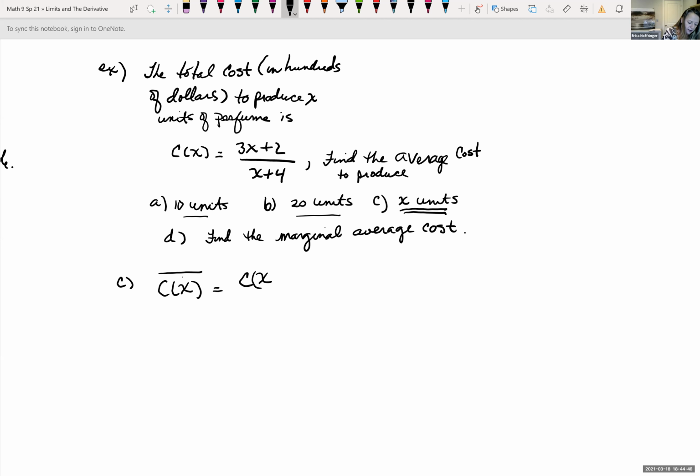In our case, our cost function is this 3x plus 2 all over x plus 4. And then we want to divide that all over x. Okay, so we don't really like complex fractions, but this one can be manipulated really easily.